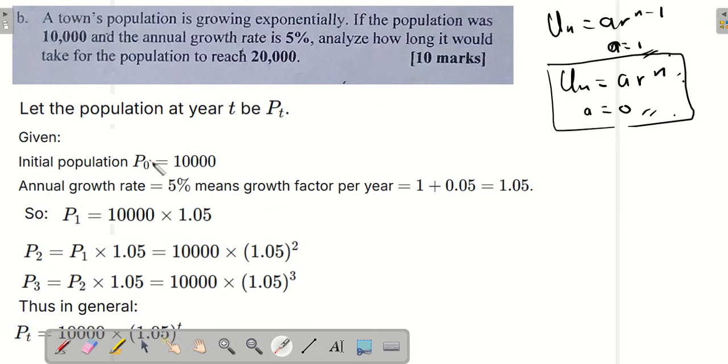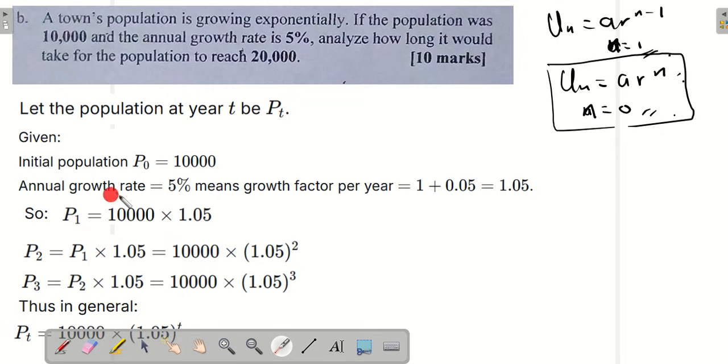So our initial population P0 is equal to 10,000.